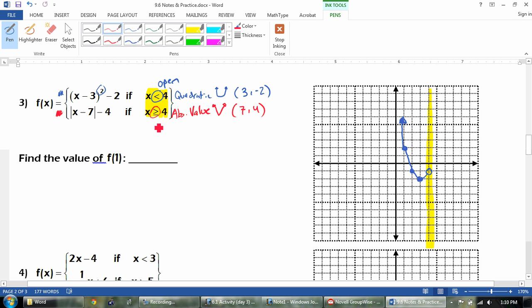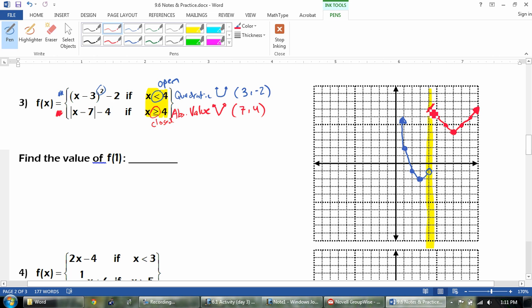And at 4, the absolute value is going to be closed. So I'm going to (7, 4), up 1 over 1 to the right, and up 1, left 1 to the left. And there we go.